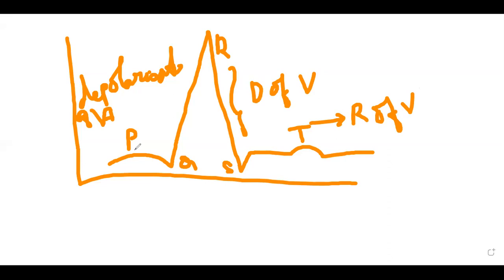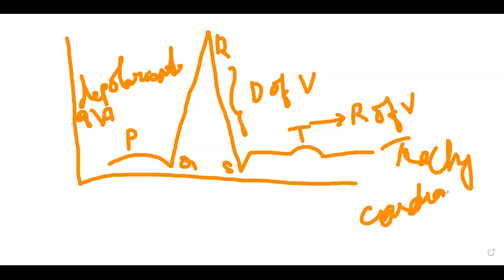By this phenomenon, we can identify the working mode of the heart. So if there is any enlargement at the T wave, we can call that tachycardia. So that's one particular condition that we are going to explain.